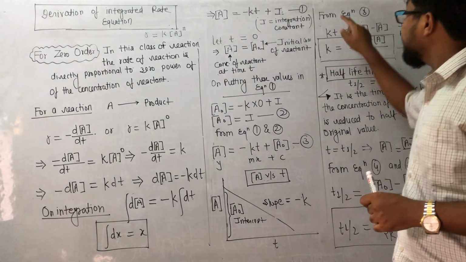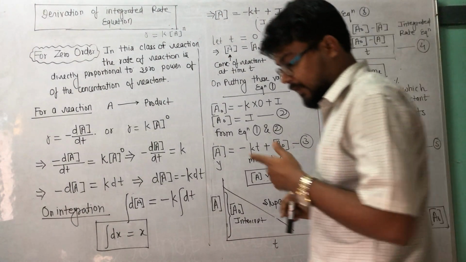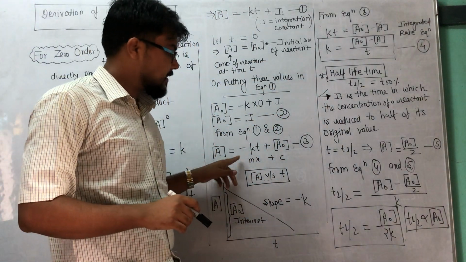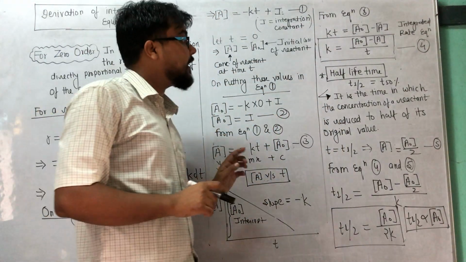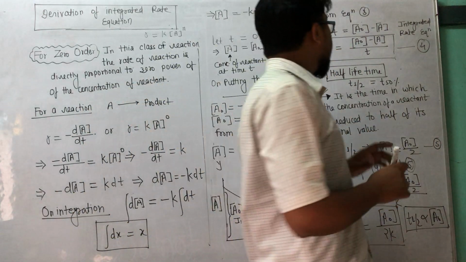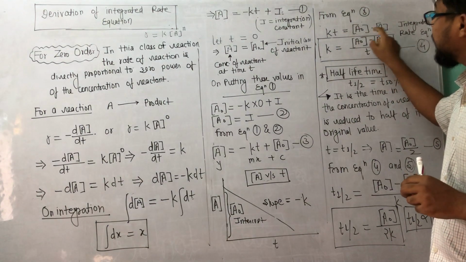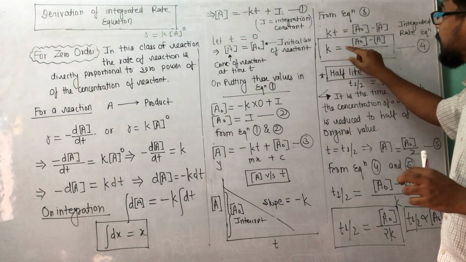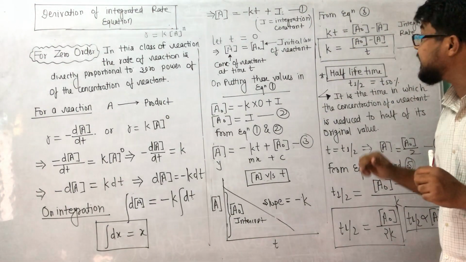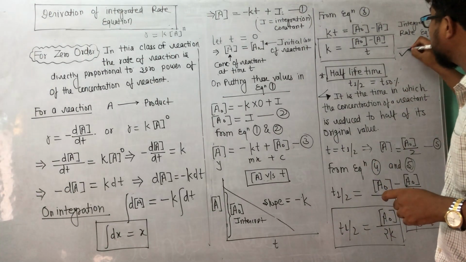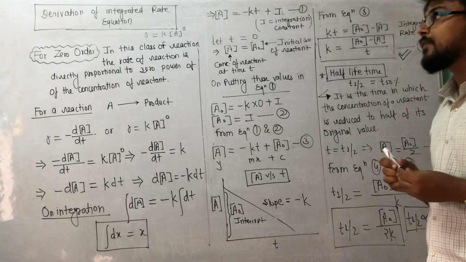Now from equation number 3, what is 3? A equals minus kt plus a naught, right? So I can rewrite it like this: kt equals a naught minus a, or k equals a naught minus a upon t. What is it? It is the integrated rate equation, the final form of the integrated rate equation, for which order?